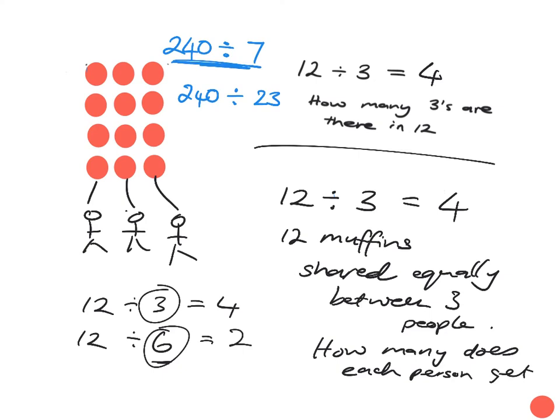You've got 240 muffins, but only 7 of you sharing. This time, you've still got those 240 muffins, but there are 23 of you that have to share them. Obviously, you're going to get far fewer. You're going to get a much smaller answer here, and here, you're going to get a bigger amount of muffins. So thinking about the sharing lets you see that when you divide by a smaller number, you actually end up with a bigger answer.